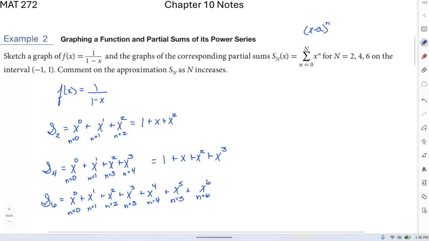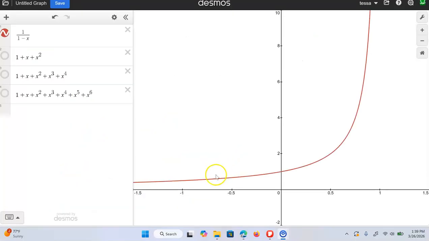I need to go back and fix that partial sum for 4 because I skipped a number. n equals 0, n equals 1, n equals 2, n equals 3, and then n equals 4 would be x to the 4th. There we go. So now let's graph all this in Desmos.